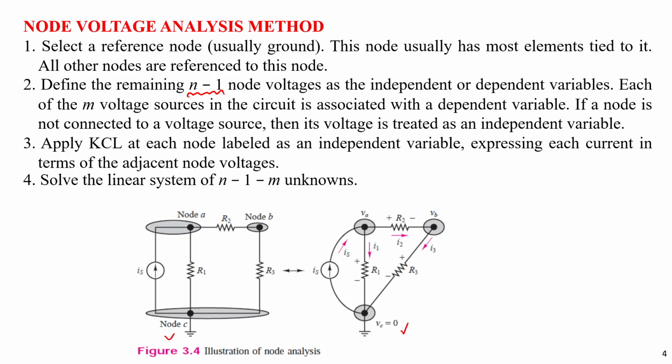And then we apply KCL at each node. So if you have a voltage source in the circuit, we will take it as a dependent variable.